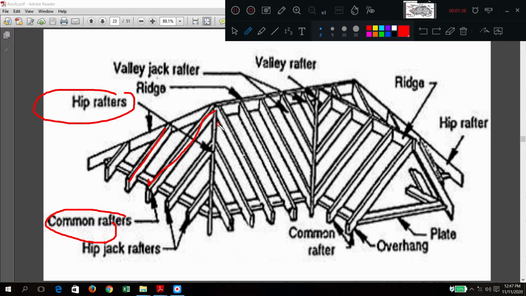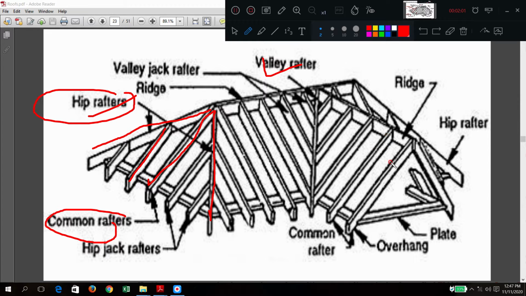Hip rafters are at the edge. Just try to remember valley rafter and hip rafter. Valley is in the depression, while hips are at the bulged portion. There you get the hip rafters. Common rafter is one common term.